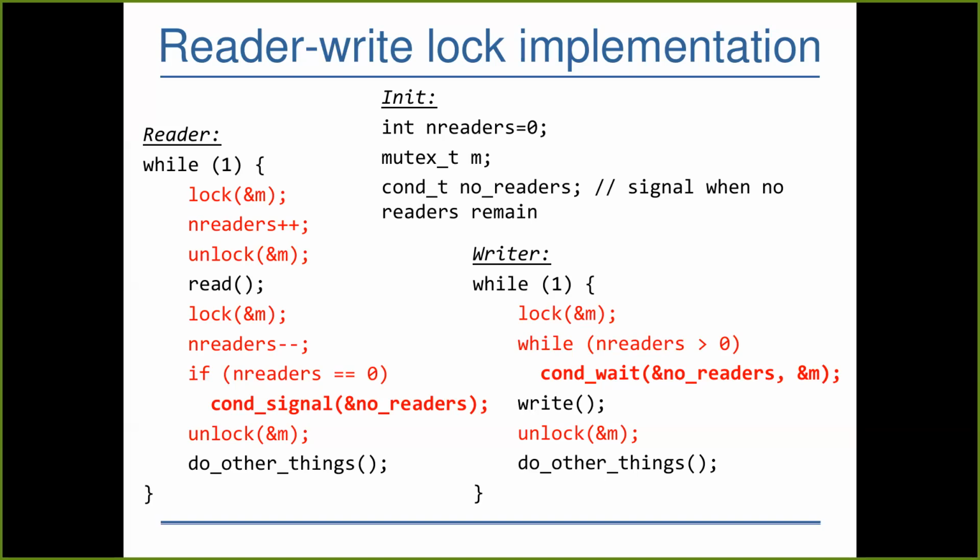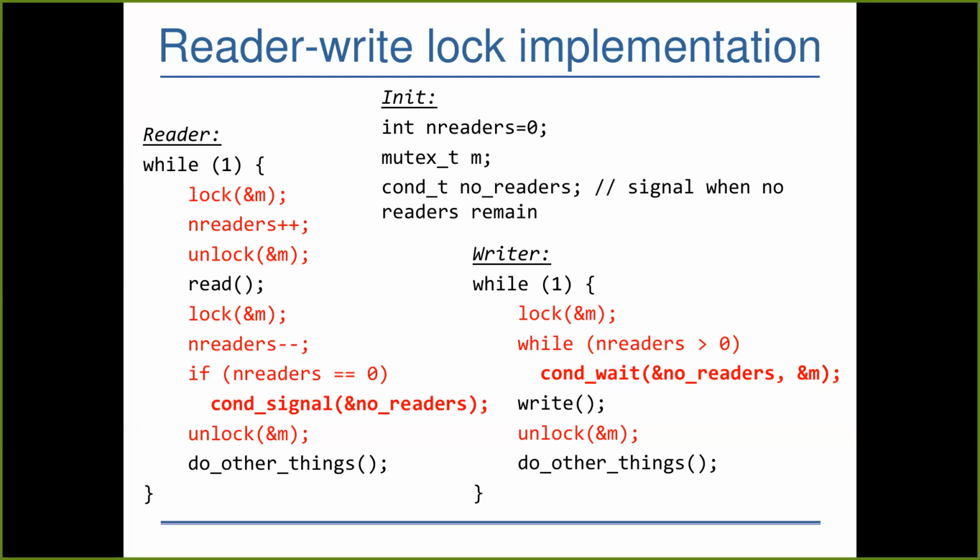But let's say I was able to get to the condition when n readers is 0. Recall that when n readers is 0, I'm also holding the lock already, because cond wait internally, as I said, is unlock, sleep, and lock, right?